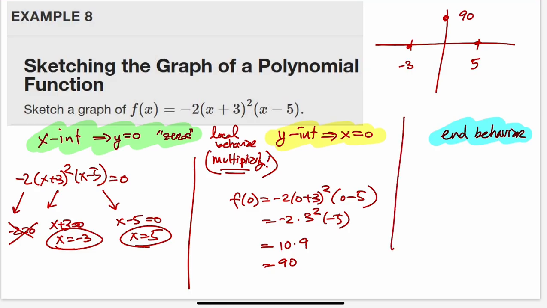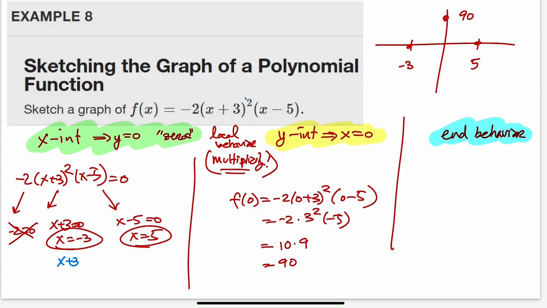But then I notice that this zero, for x equals -3, its associated factor is x plus 3.